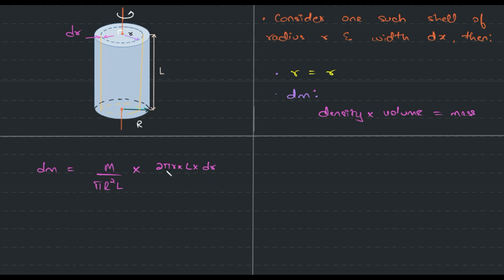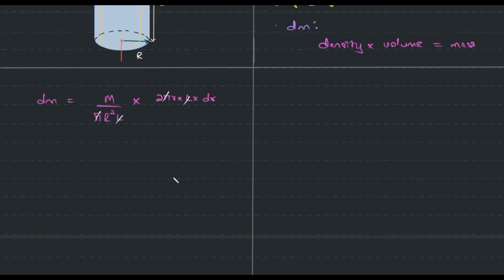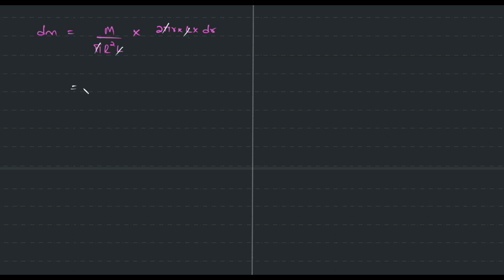Things to cancel are pi and L, so length will not matter, and what we have is 2m by R square, all constant, times r dr. r dr is varying, like x dx.